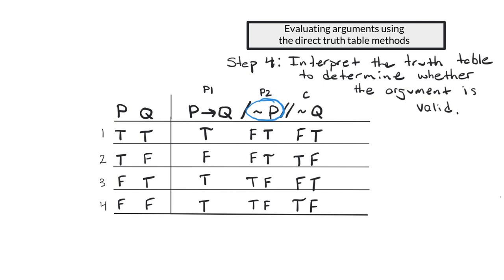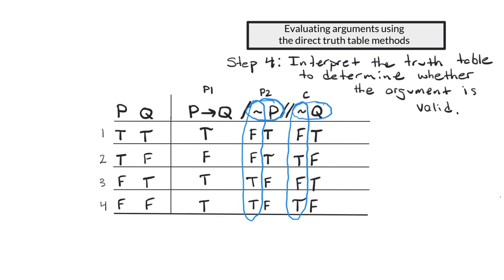So when we look at the truth table and we're interpreting the truth value of premise 2, we're looking at the main operator underneath the tilde. I'm just going to circle this column. That's what we want to look at. And the same thing for the conclusion. The conclusion is tilde Q and the main operator is the tilde.